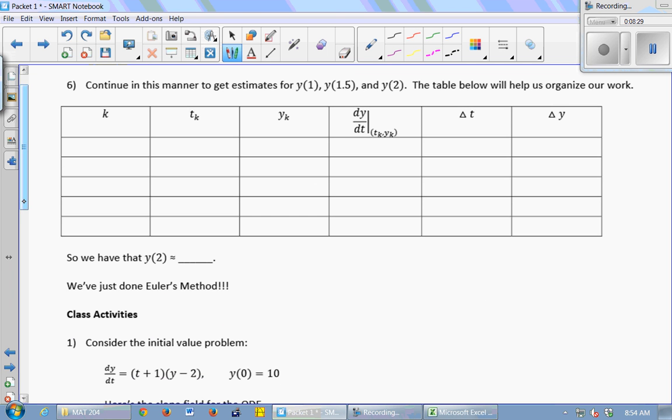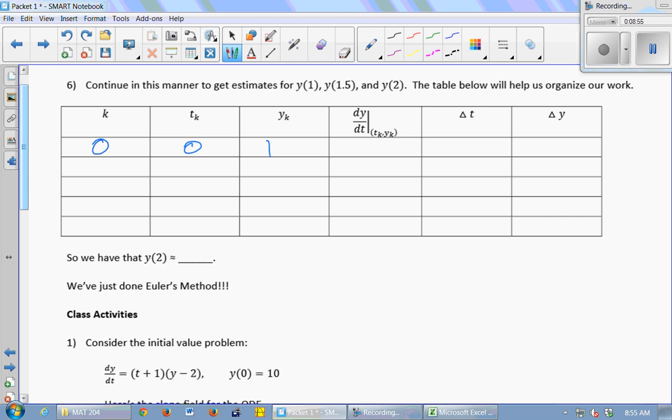All right, so we're going to continue doing the same method. Estimate y of 1, y of 1.5, and y of 2. So we have this table set up to help us organize the work. All right, so k is just a counter to tell us what step we're on. So at step 0, my t value and my y value are 0 and 1.